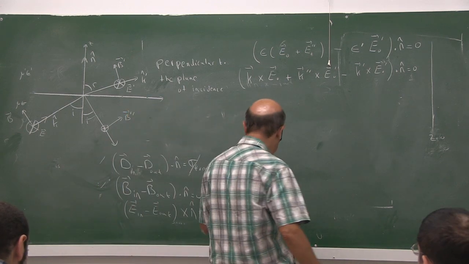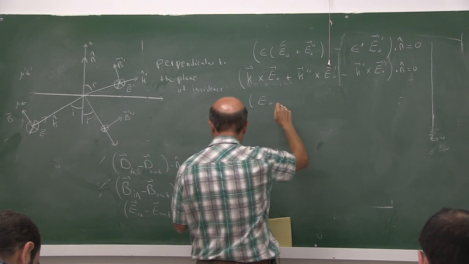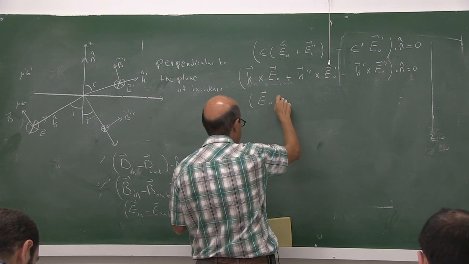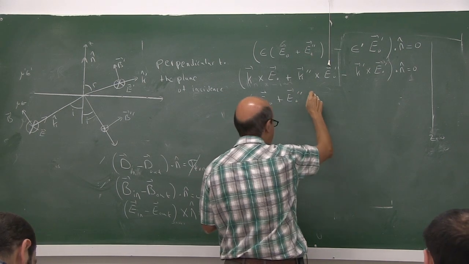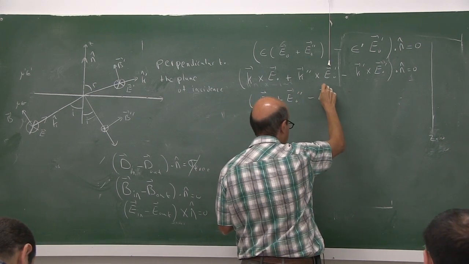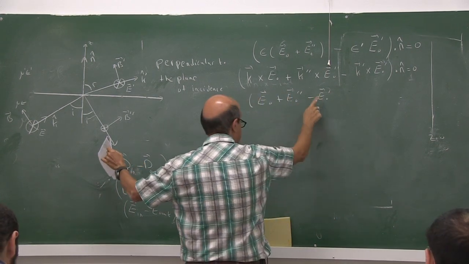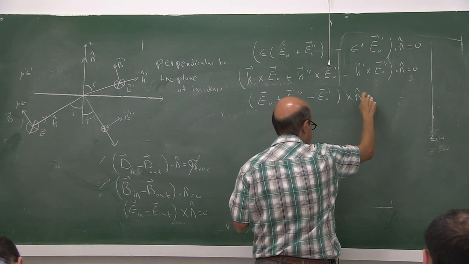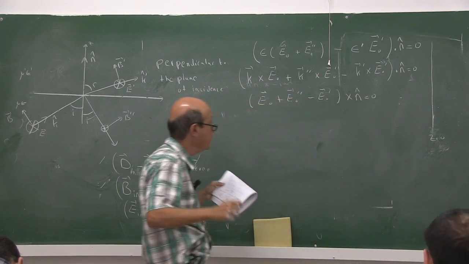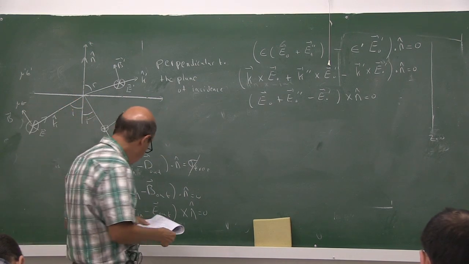And that is simple: E0 plus E0 double prime minus E0 prime. So this is again reflection, this is refraction. Take the cross product with n. That makes everything the tangent component of the electric field. That is simple.